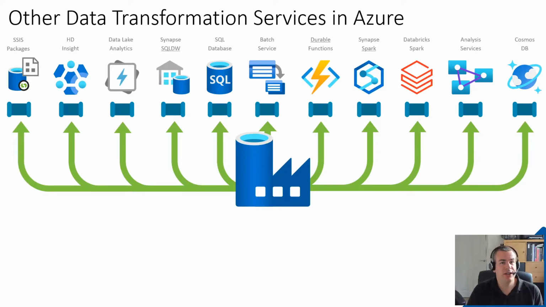We could say that HDInsight is going to mean we have to manually configure clusters and deal with that distributed compute that we might not want to. We could say that Data Lake Analytics, which is really just an abstraction over HDInsight, is, as we rumor to know, going to be deprecated by Microsoft. So, of course, let's not use that.